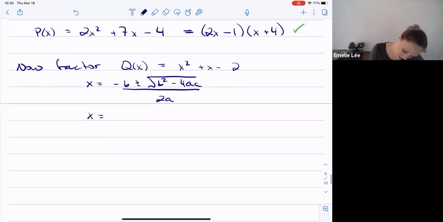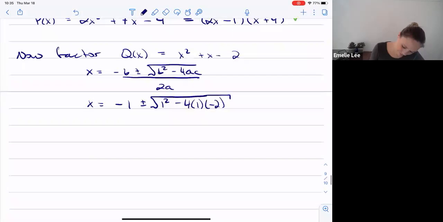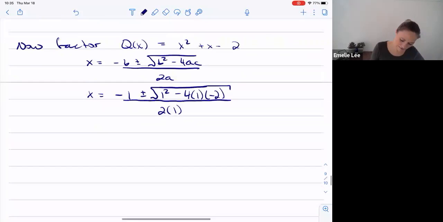So x is going to be negative 1 plus minus the root of 1 squared minus 4 times 1 times negative 2, over 2 times 1. So x is negative 1 plus minus, and then I have 1 squared, which is 1, minus 4 times 1, oops, I did times 4, times negative 2.